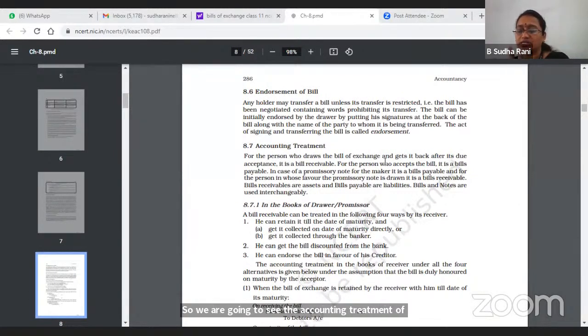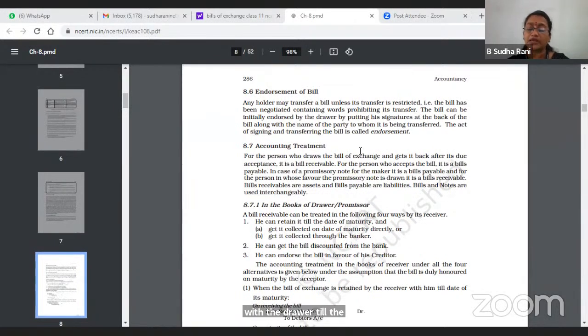There are 4 situations. First, when the bill is retained with the drawer till the due date and the bill is honored, you are supposed to pass the journal entries in both the drawer's and drawee's books. In the drawee's books, hardly you will have 4 journal entries.